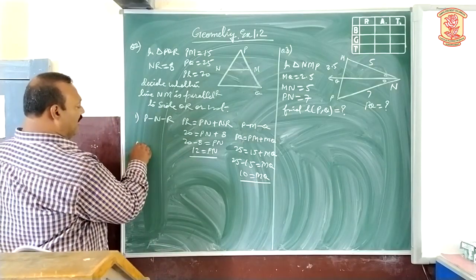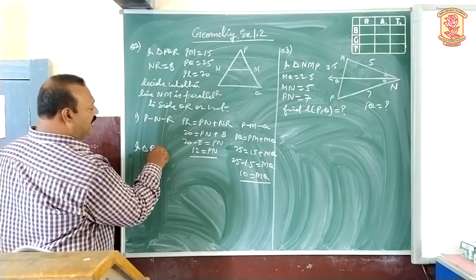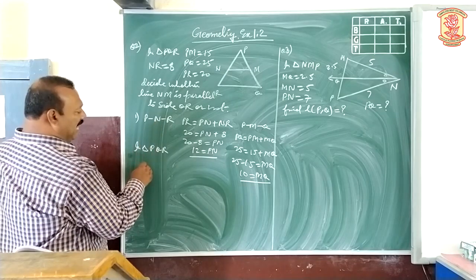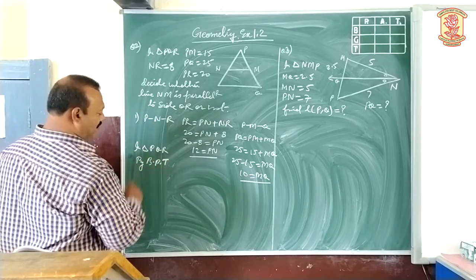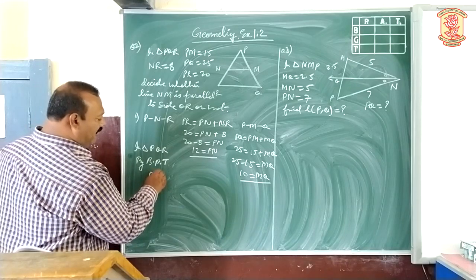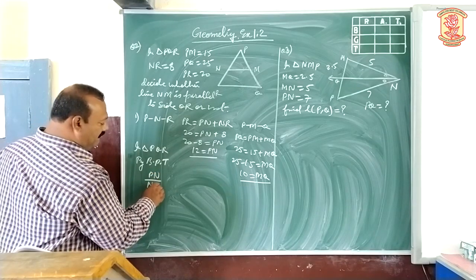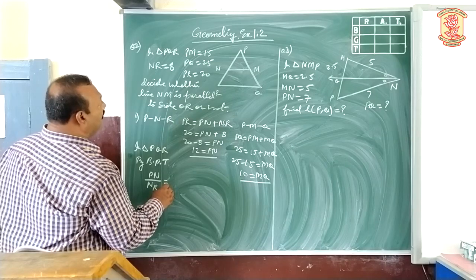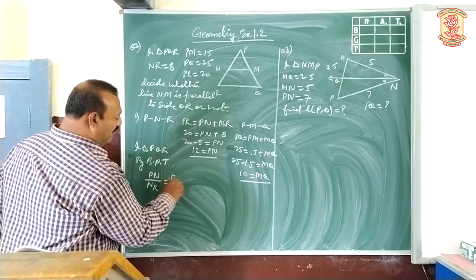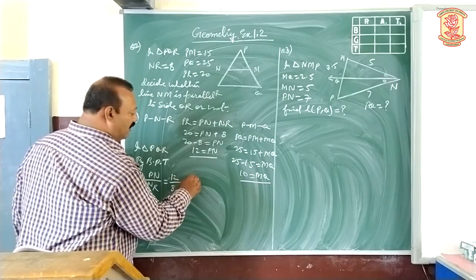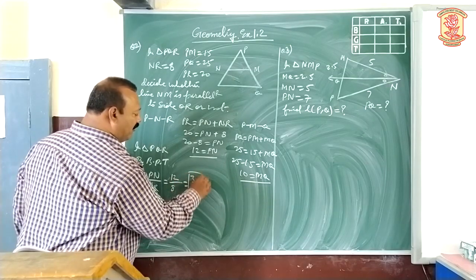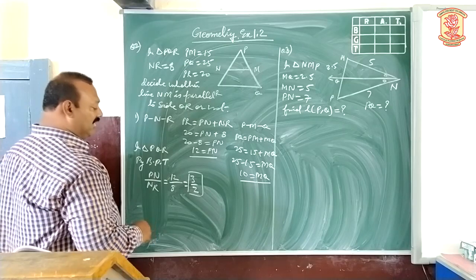Now in triangle PQR, directly apply the basic proportionality theorem. You can use it. PN upon NR. What is the ratio? PN is 12, NR is 8. When we bring it to reduced form, 4 3s are 12, 4 2s are 8. The ratio comes to be 3 by 2.